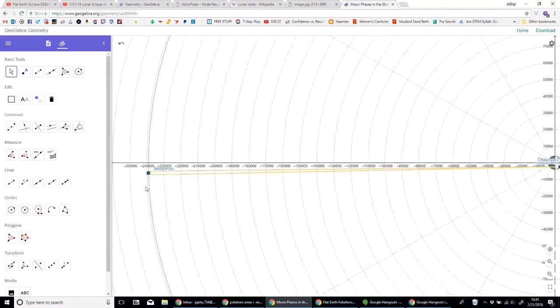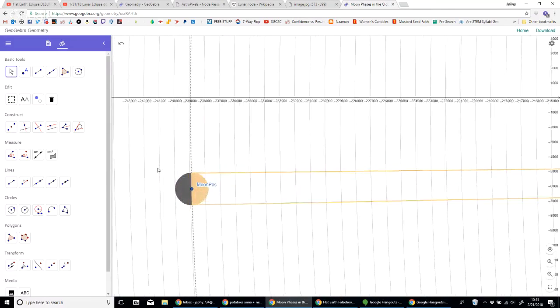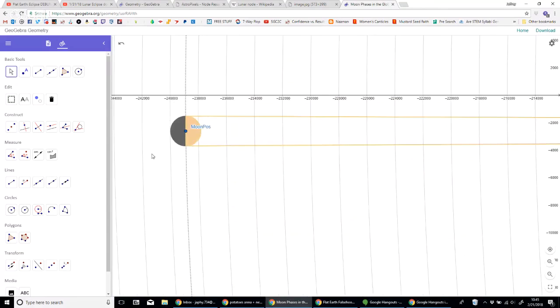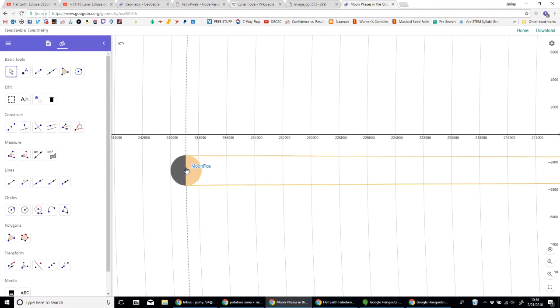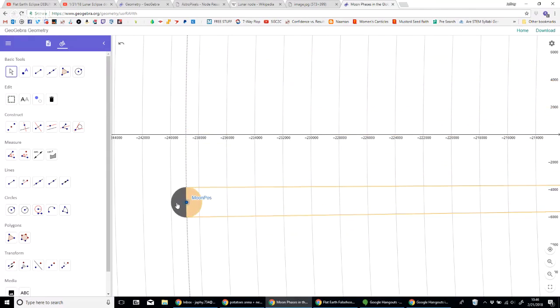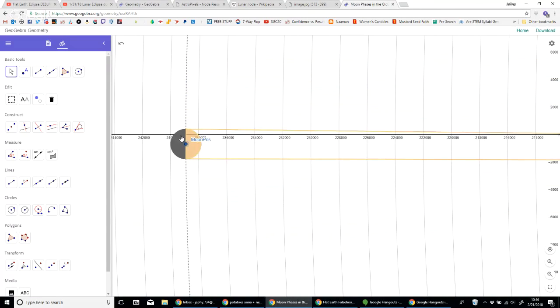All right, so this is a full moon, okay? Full moon is in this phase here when it's pretty much 180 degrees opposite of the sun. So we have the moon here, and we can see that the dark side of the moon is completely away from us, and the observers are seeing the lit side of the moon.